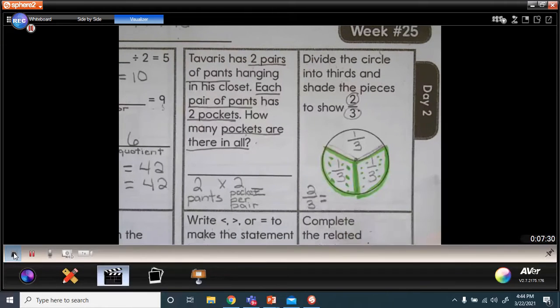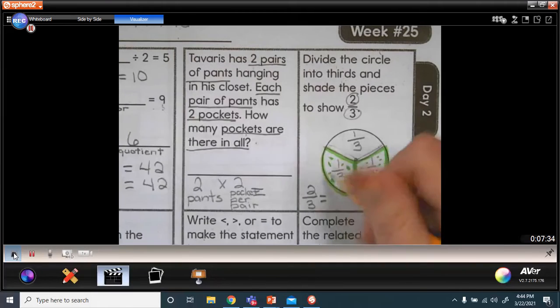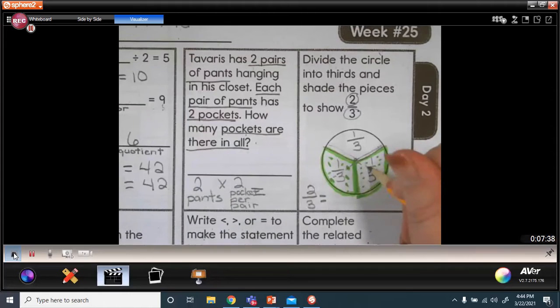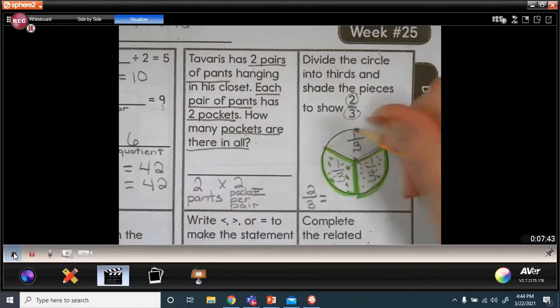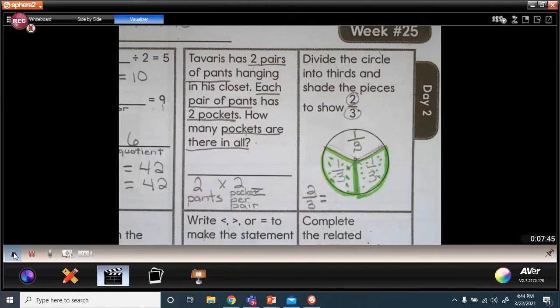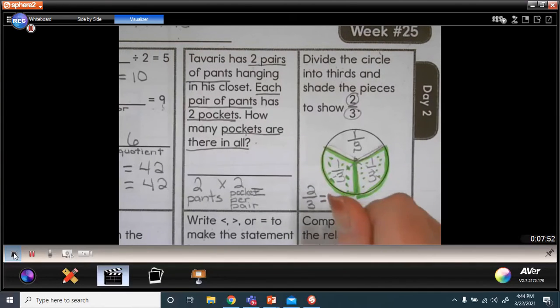Now remember, if I double my pieces, which means I cut every third into 2 pieces, now I have just created what fraction? If you said 6, you would be correct.